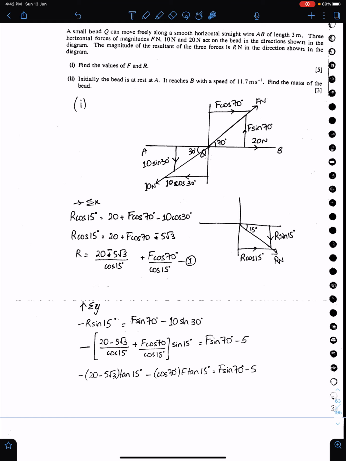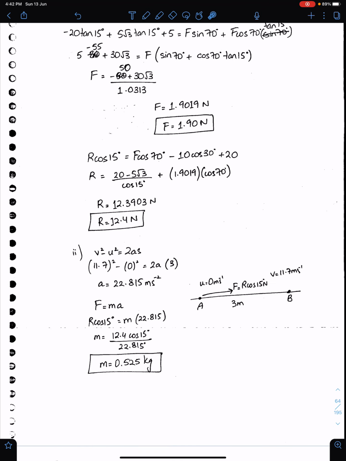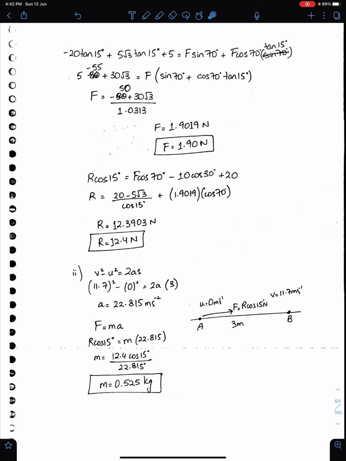Second part. Initially the bead is at rest at A. So U is 0. S is 3. The distance is 3. And it reaches B with the speed V. Find the mass of the bead. So we first find A. With the help of this equation of motion, we can get the value of A. We have V, we have U 0, we have S 3. Now this is the equation of the resultant force.